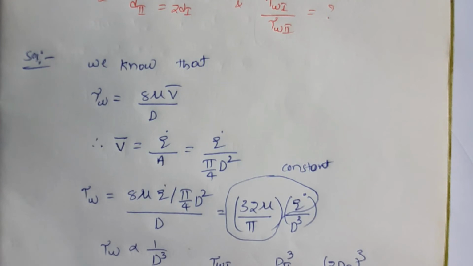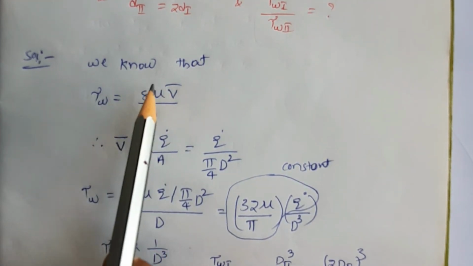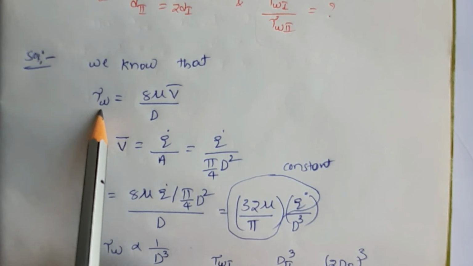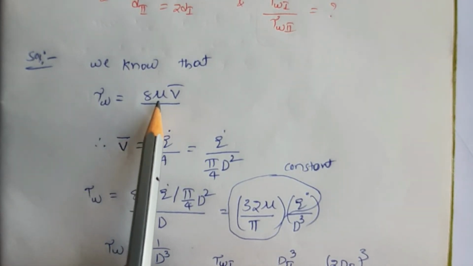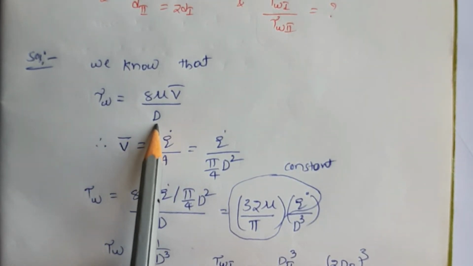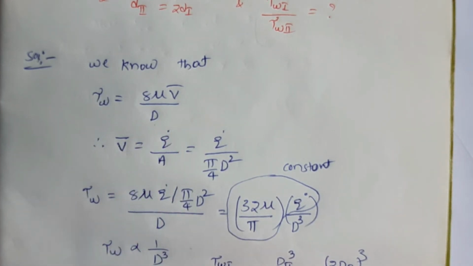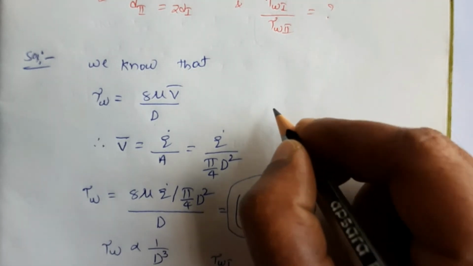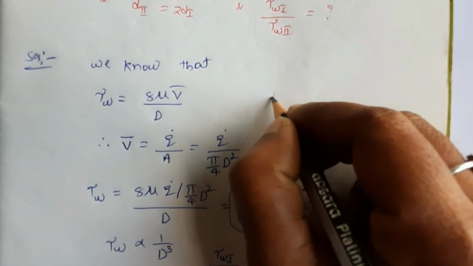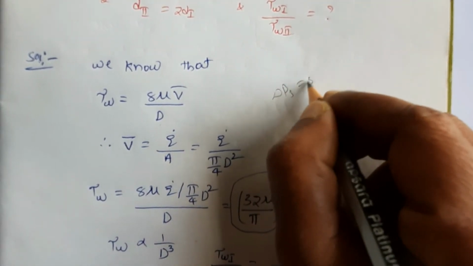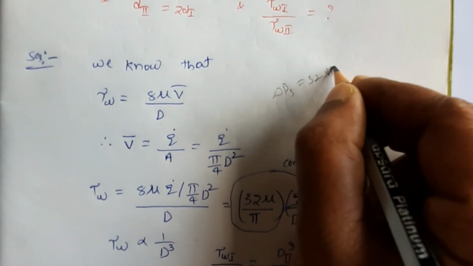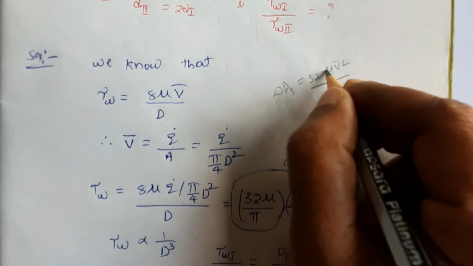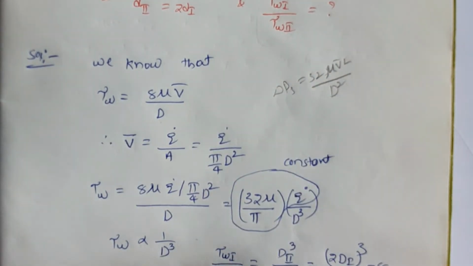Clear? So from the derivation previously I have done from the concept point of view, tau w equal to 8 mu v bar by d, right? Actually, if the pressure drop is constant, from the given data we can directly consider the Hagen-Poiseuille equation, that is delta Ps equal to 32 mu v bar L divided by d square, but they have not mentioned that pressure is constant.